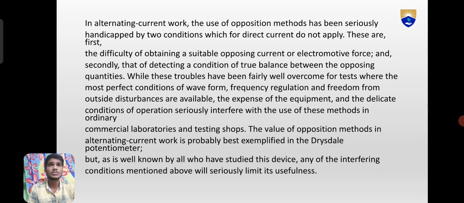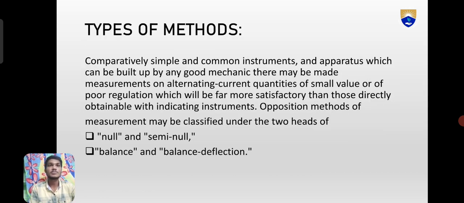The value of opposition methods in alternating current work is probably best exemplified in the alternating current potentiometers, but as is well known by all who have studied the device, any of the conditions mentioned above will seriously limit its usefulness. Types of methods.